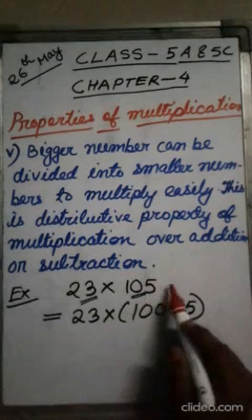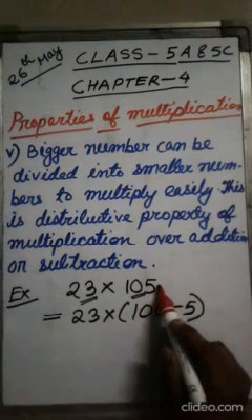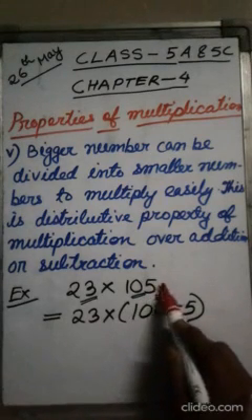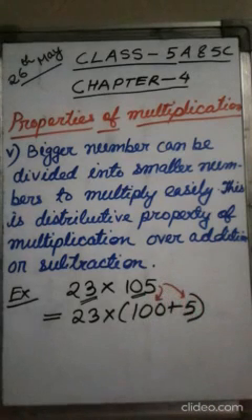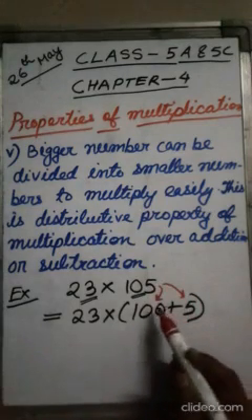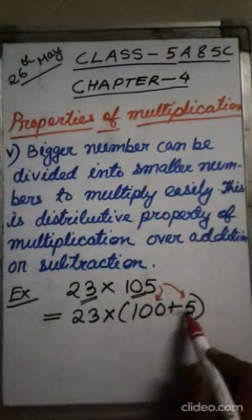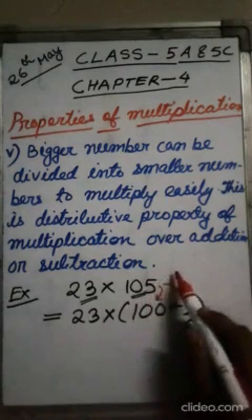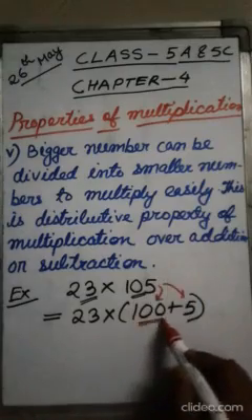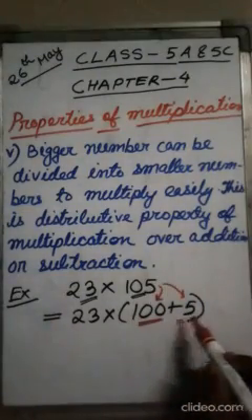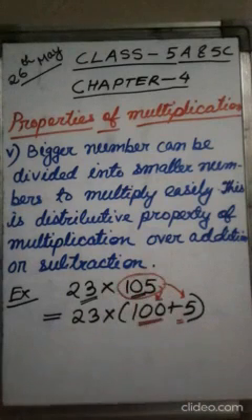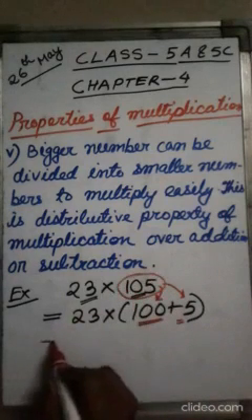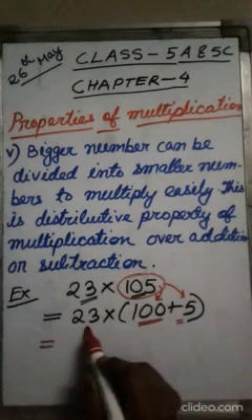So what I have done, I have expanded 105. 100 plus 5 is 105. So I have written 100 plus 5. I have expanded the number.